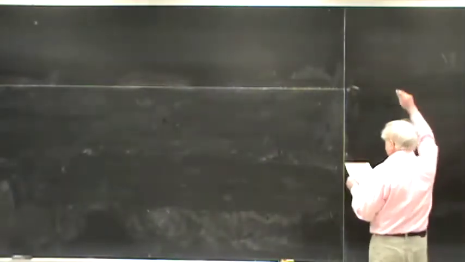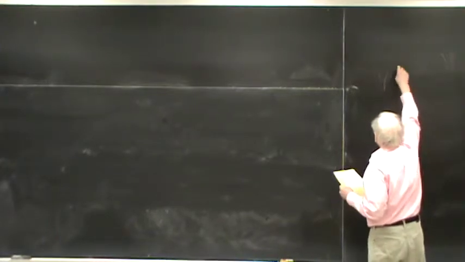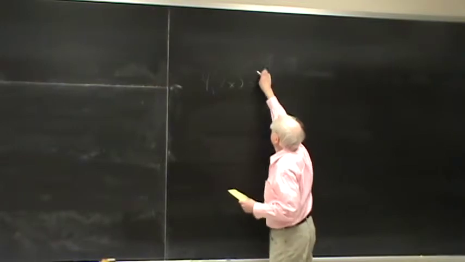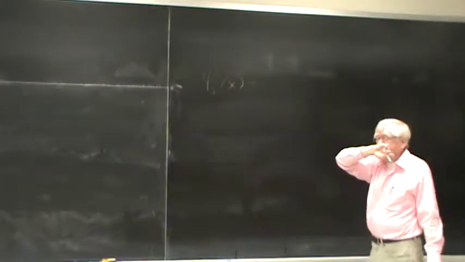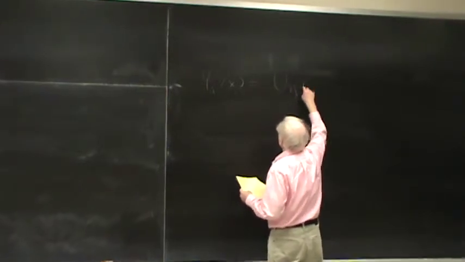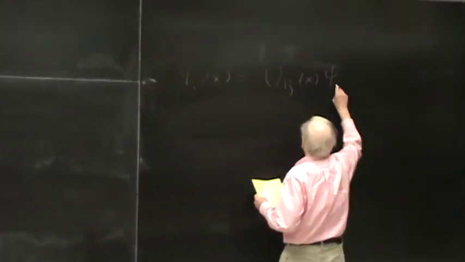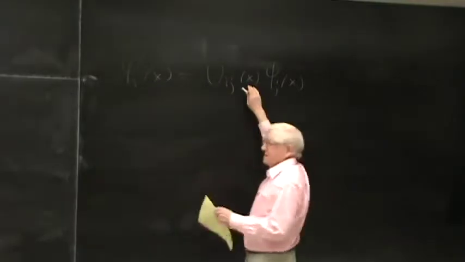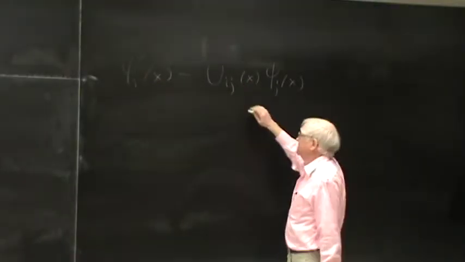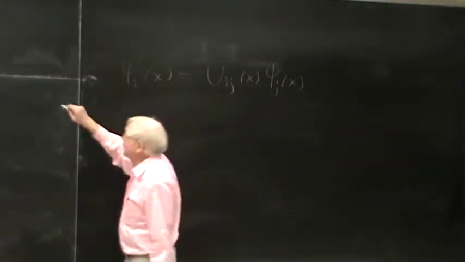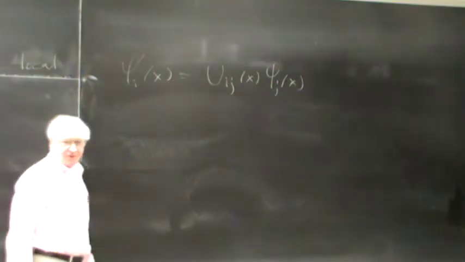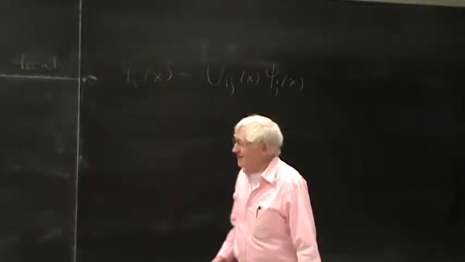The idea is, if you have something like this, let this be, say, a unitary transformation that's then dependent upon space-time. And in the jargon, the term that we use to confuse the chemists is we call it a local transformation.